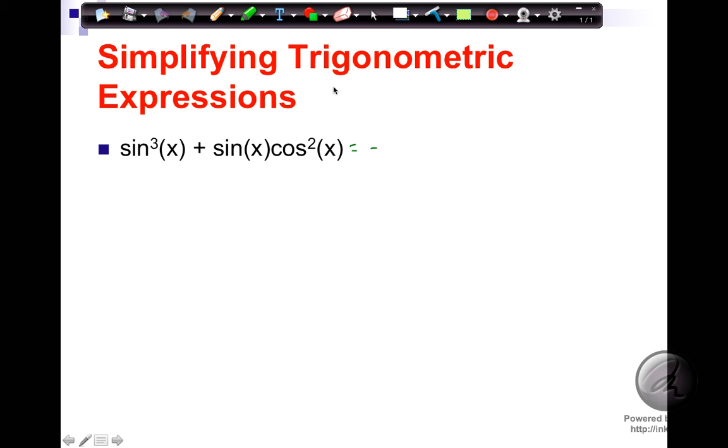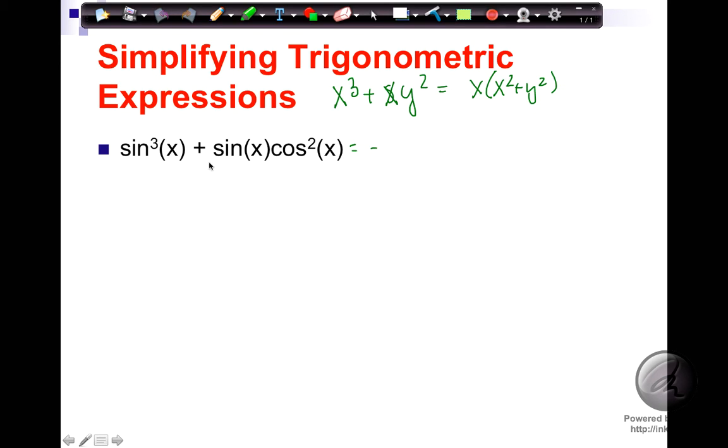If this was x cubed plus xy squared, I know both of these terms have an x in them, so I can factor out an x. I would then get x squared plus y squared. Now that would actually be it if we were just dealing with algebra.